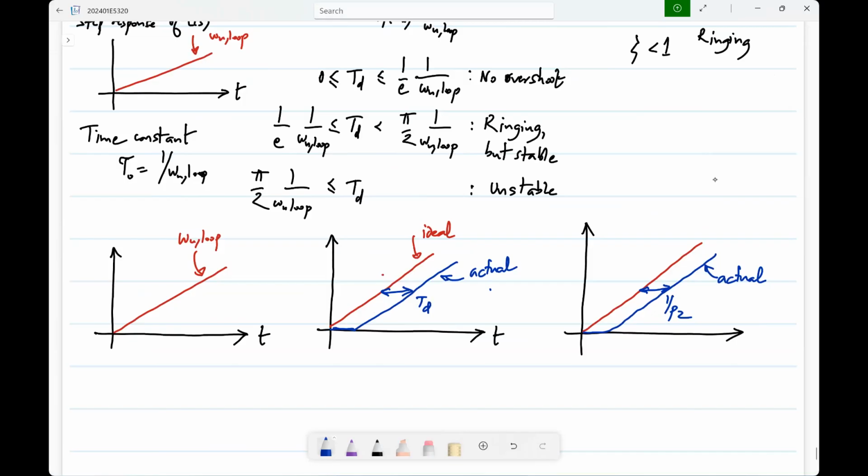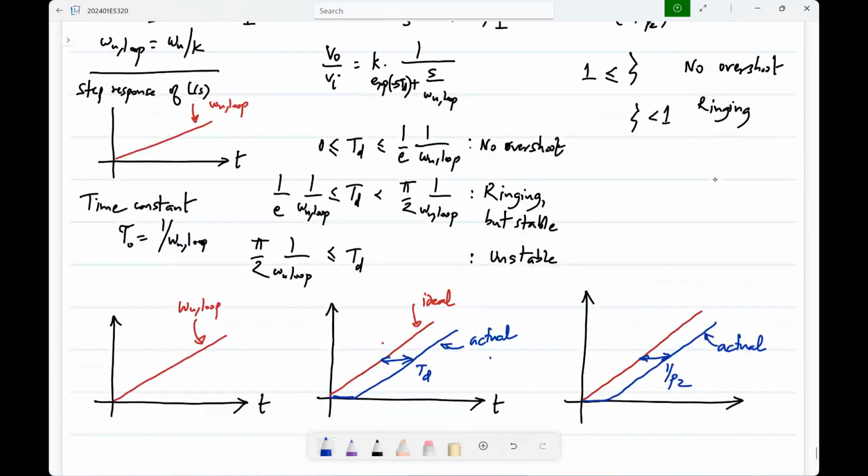So when you have many poles, what happens is every pole will add a delay like this. Okay, and it turns out these results are still roughly valid. Okay, that is, you want to keep the delay to be less than some value to avoid overshoot. Now, when you have multiple poles, all of them contribute to delays, and the same thing will still hold. Okay, is this fine?